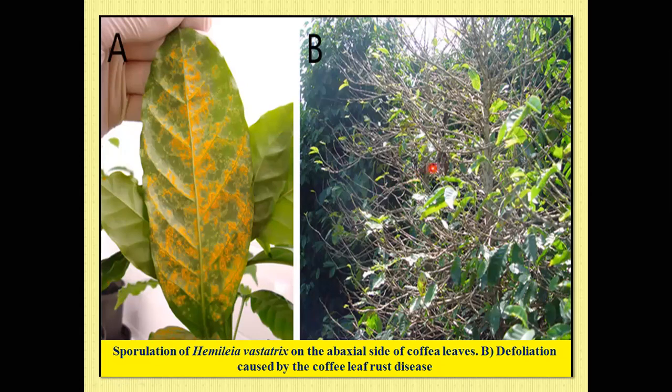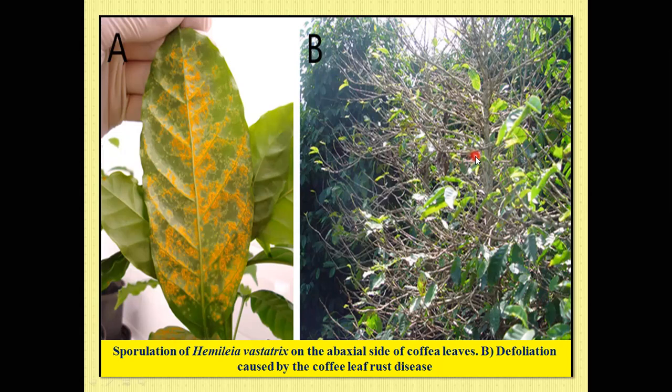Vegetative growth is reduced on these diseased coffee trees because a number of the infected leaves are already defoliated, meaning only barren coffee trees without leaves are seen in the field. There is a decline in the vigor of the plants, and the yield is also less.